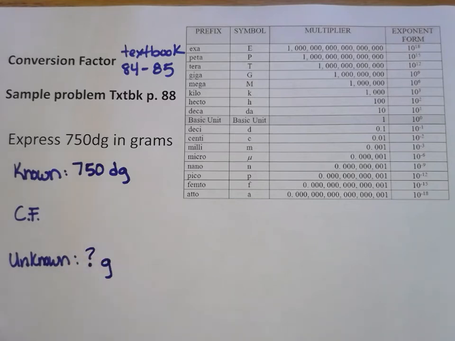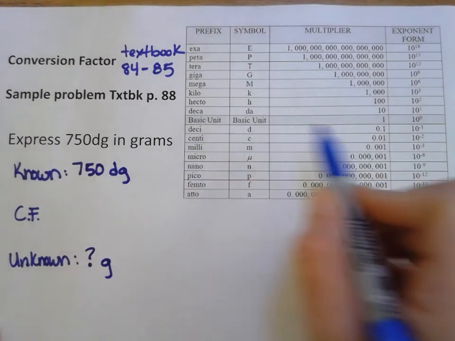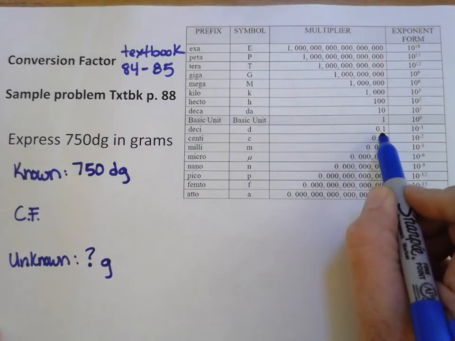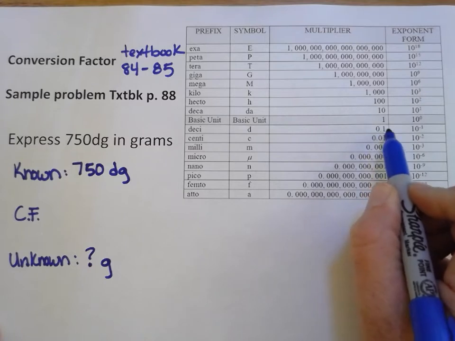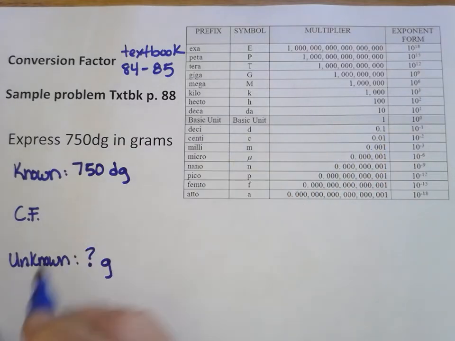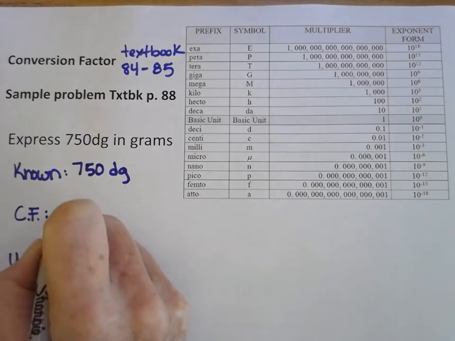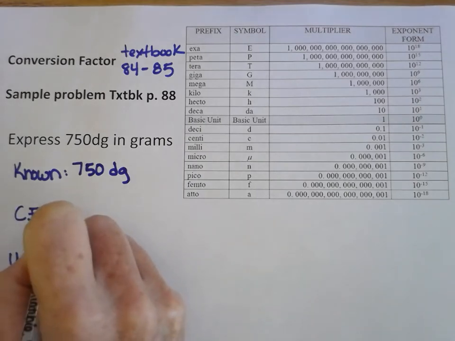The conversion factor I'm going to create from this table. I'm going to find the deci, and I'm going to look at the multiplier. This number is how many base units are in the prefix. So that means my conversion factor, there is 0.1 grams.